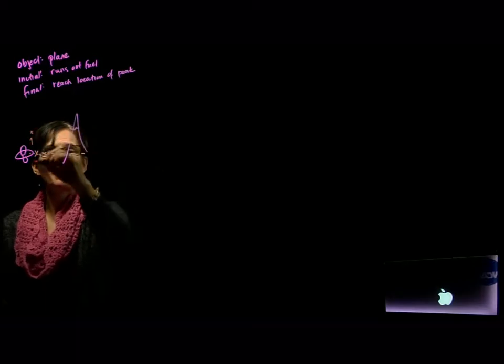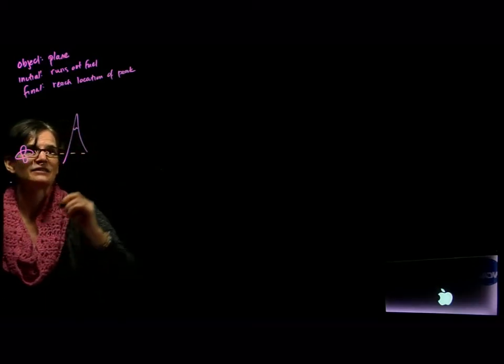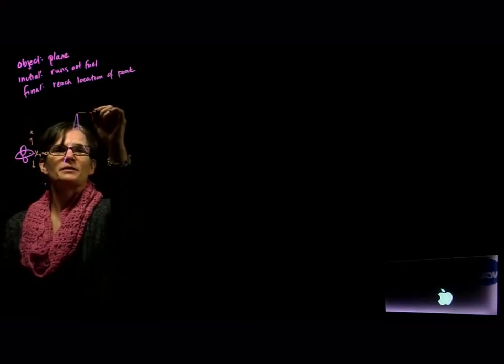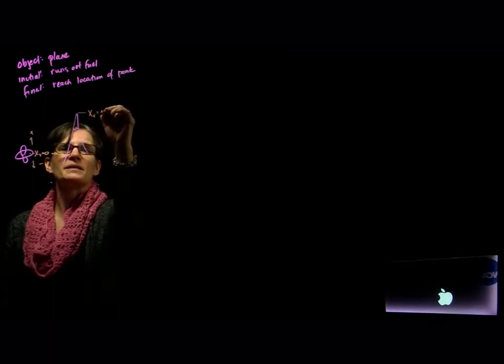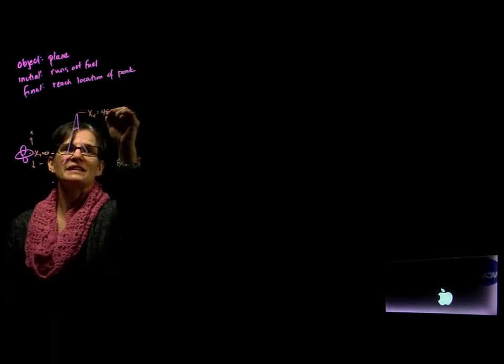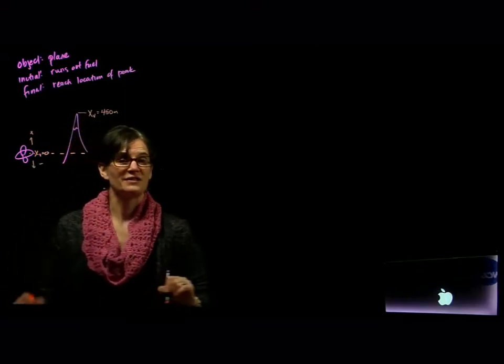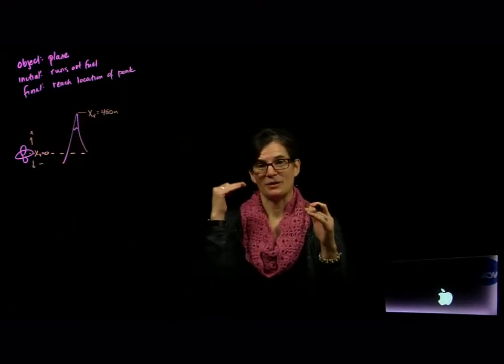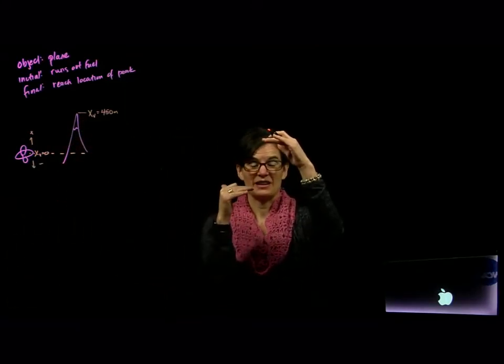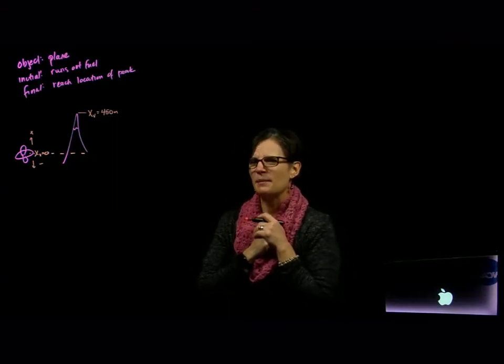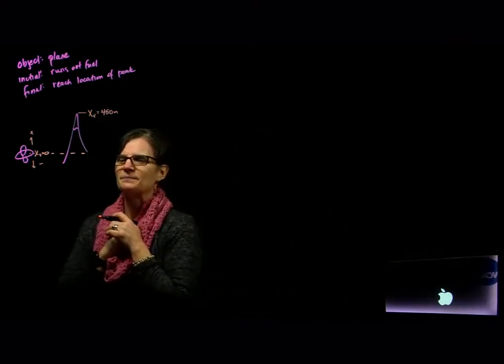So everything above is positive and everything below is negative. If our vertical 0 is at the plane, the position of the peak is then 450 meters, the difference between where the plane is and where the peak is. That might make problem solving a little bit easier.